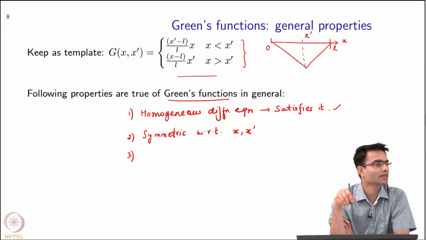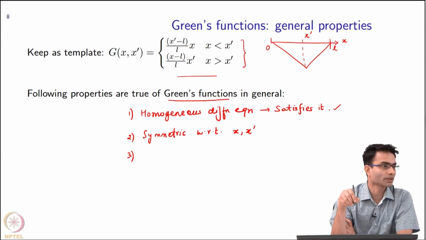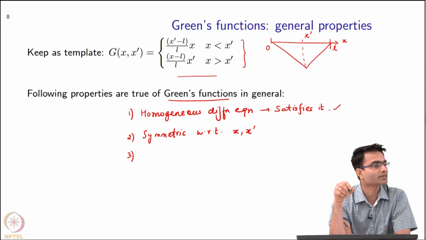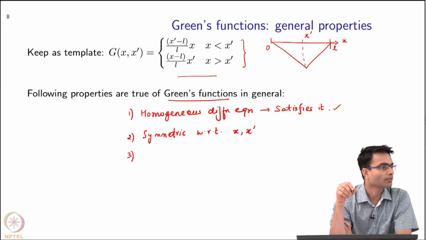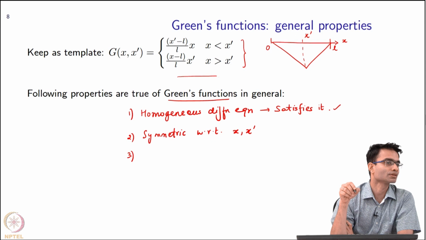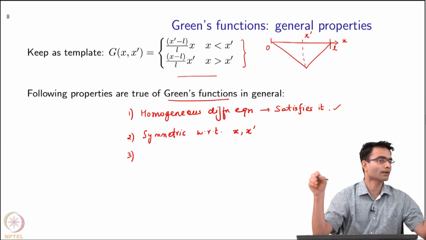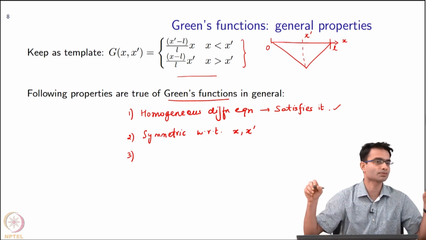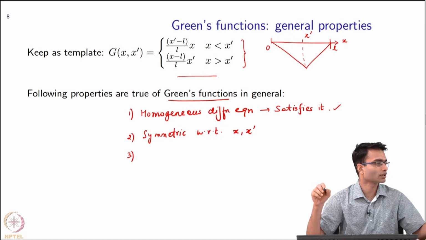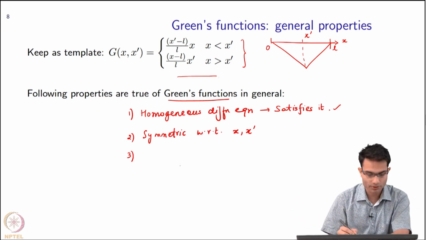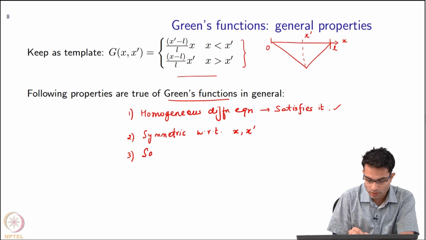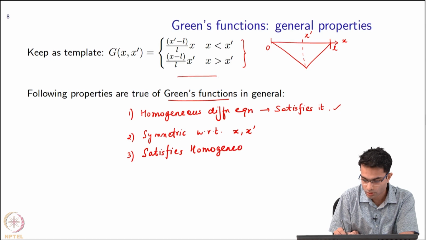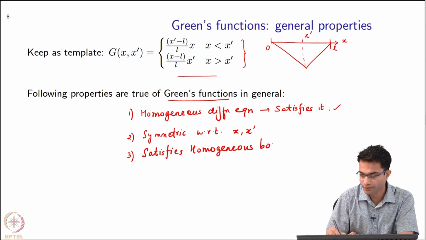The other thing is, what kind of boundary conditions did we have in this particular case? The boundary conditions were also homogeneous in some sense. We said the string is clamped at both ends, so it's like a homogeneous boundary condition where the displacement is 0 at both ends. So it satisfies homogeneous boundary conditions.